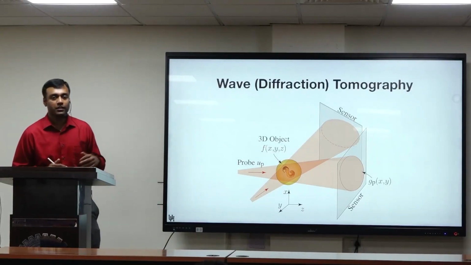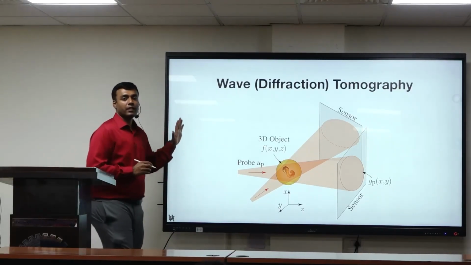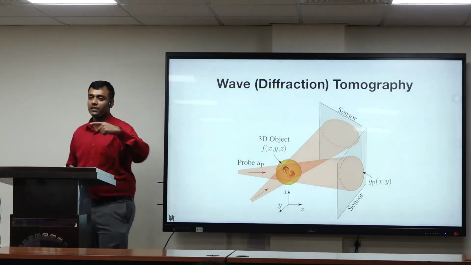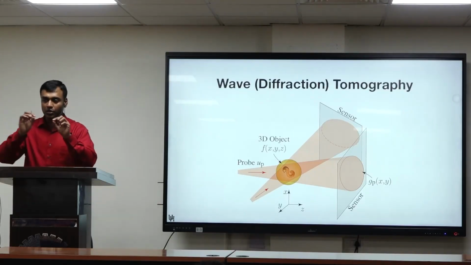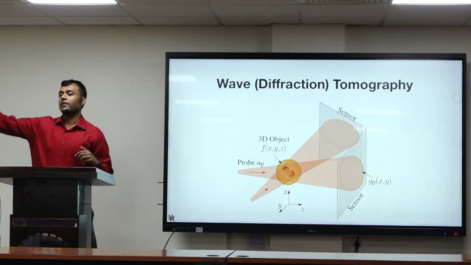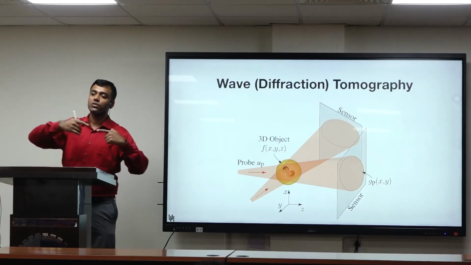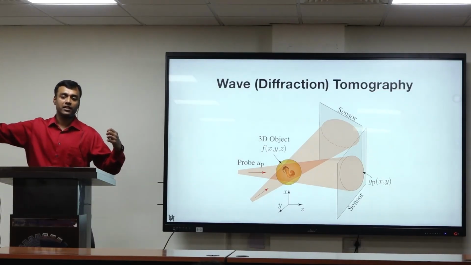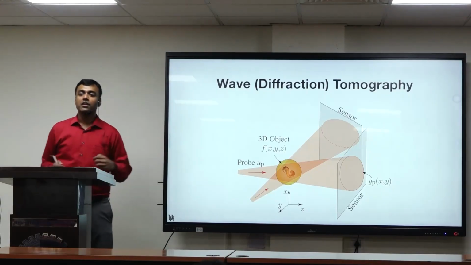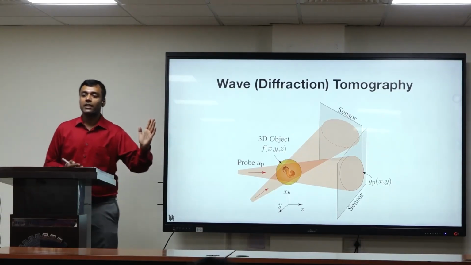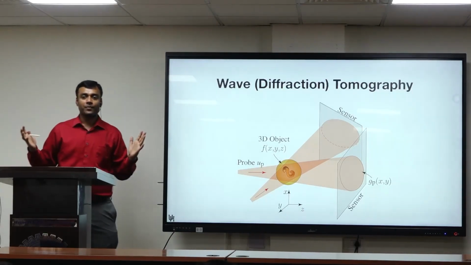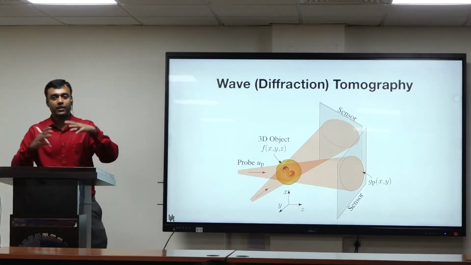Okay, so in ray tomography, what we assumed was a light ray goes through the object in a straight line. There is some absorption as it goes along, and one source emits a ray and it goes to a detector, right? That was a straight line. Now, instead of that, a wave comes in and diffracts in all different directions, right? The object diffracts light.